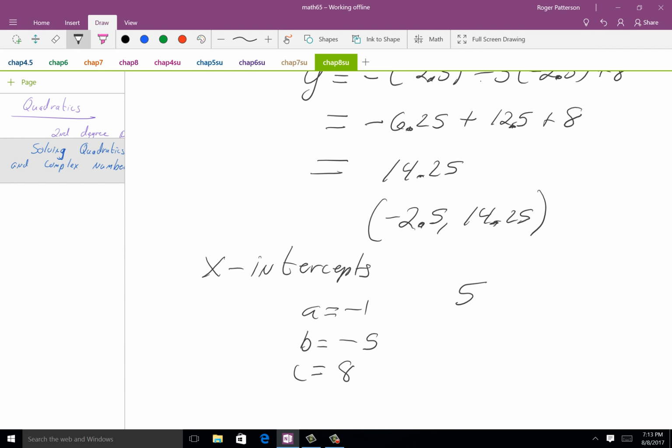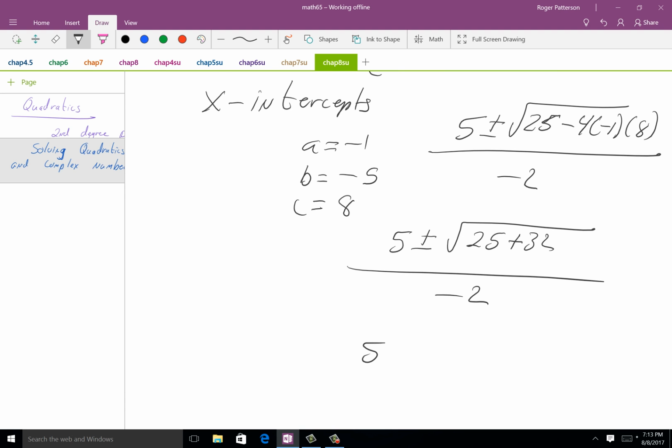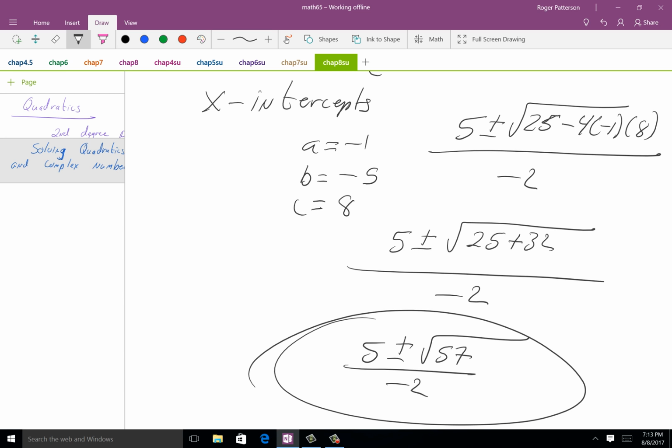So we go 5 plus or minus the square root of 25 minus 4 times negative 1 times 8, all over negative 2. 5 plus or minus the square root of 25 plus 32, divided by negative 2, and 5 plus or minus square root 57 divided by negative 2. There's my x-intercepts. So the x-intercepts just come from solving with the quadratic formula.